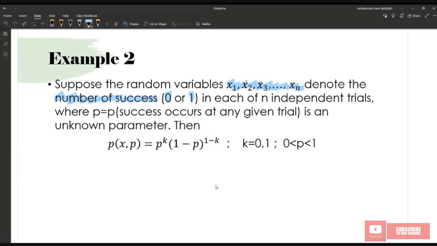So this is going to be a binomial problem in each of n independent trials where p is the probability a success occurs at any given trial. p is an unknown parameter. Then this is the formula, the PDF, p to the power of k times 1 minus p to the power of 1 minus k. So this is a Bernoulli distribution.